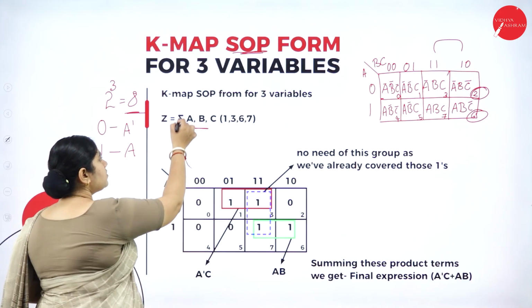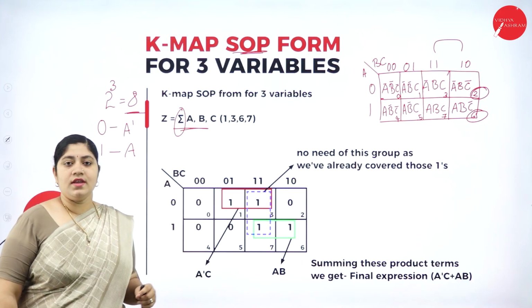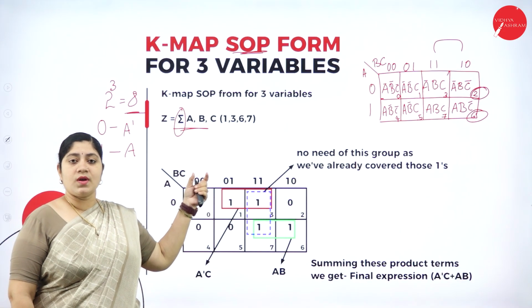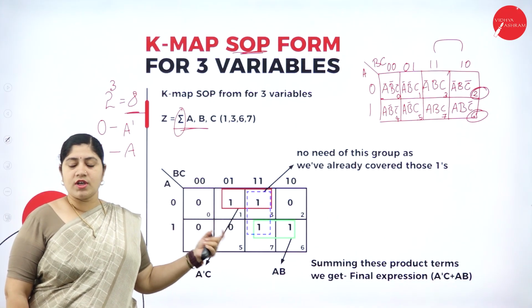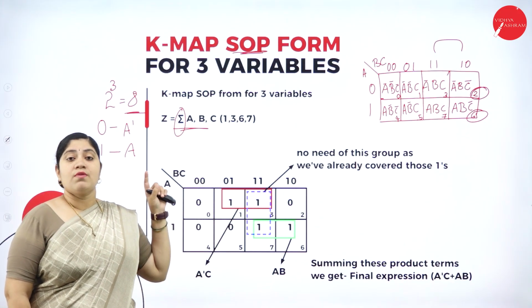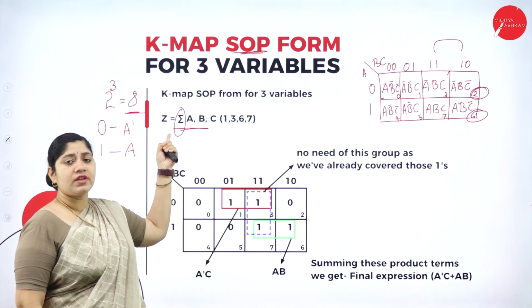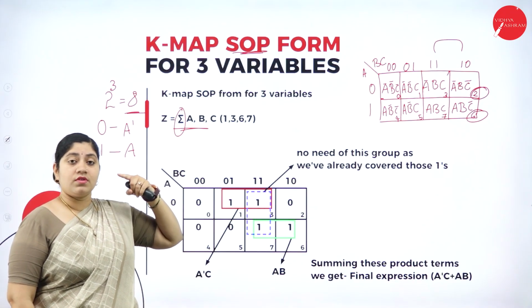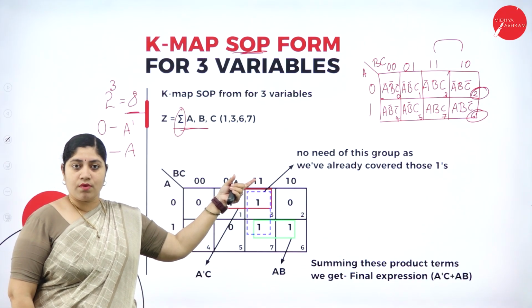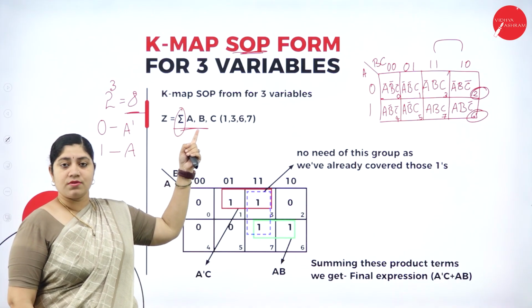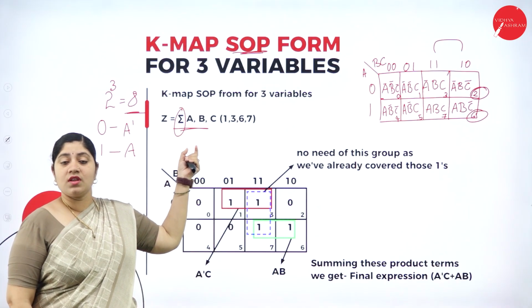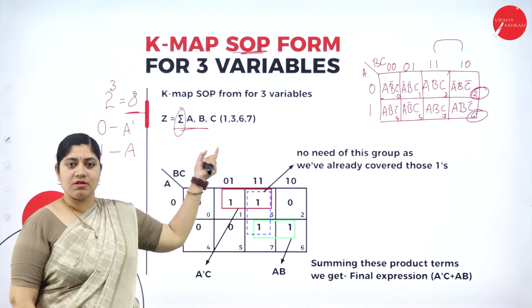As it is a summation, we can directly correlate. If it is not given whether it is SOP or POS, nothing will be given in your exams, you have to look at the example. If it is a summation, then you have to think it is an SOP form. Next, what you have to observe is the number of variables. Here it's 3 variables.